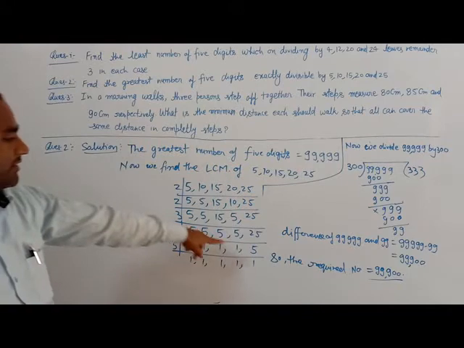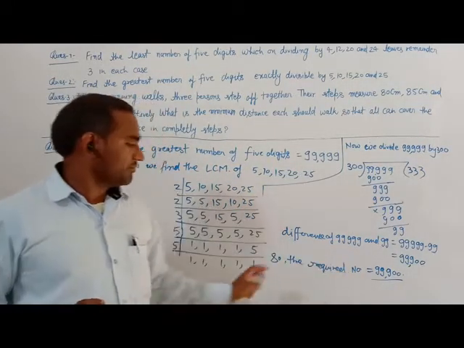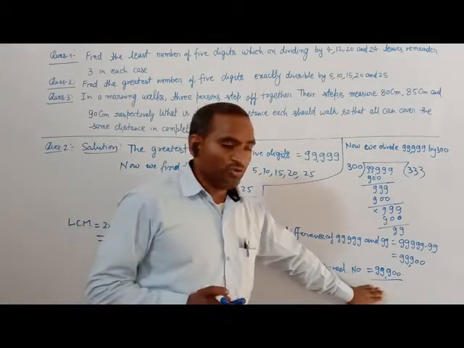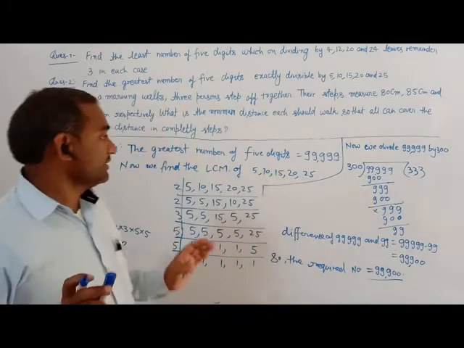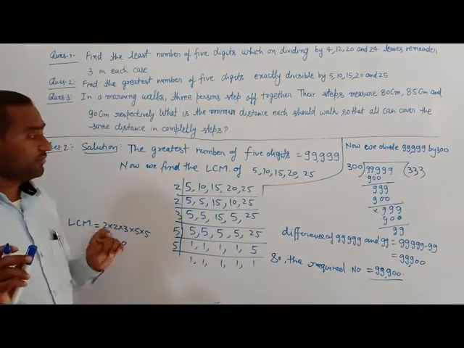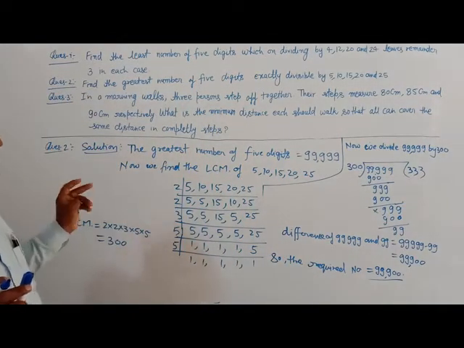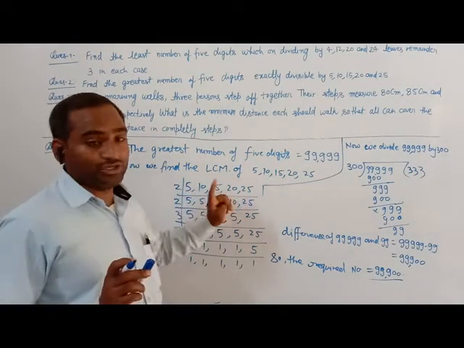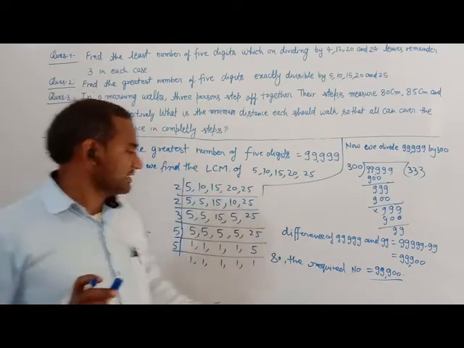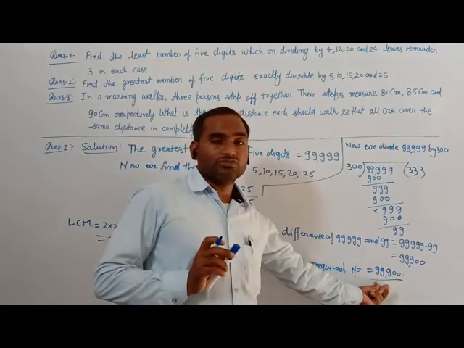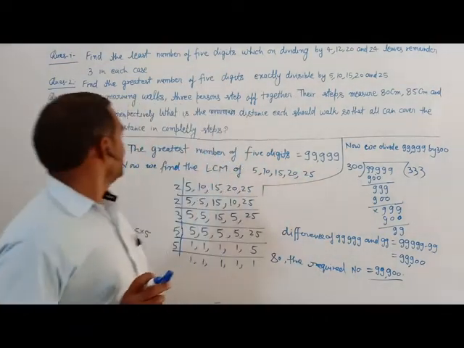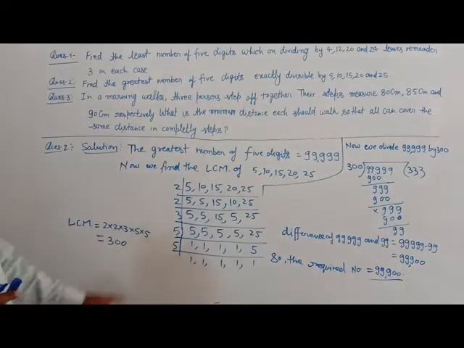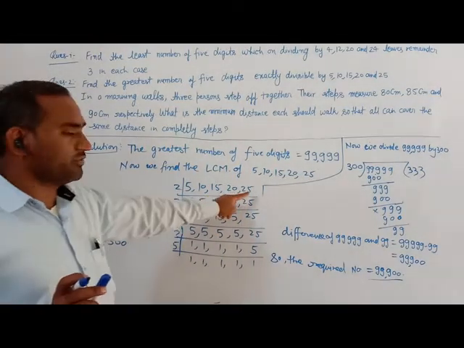And this is the greatest number. More than this number, no greater 5-digit number is divisible by 5, 10, 15, 20 and 25. So 99,900 is the largest such number.